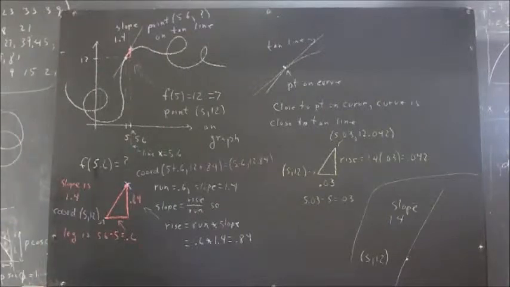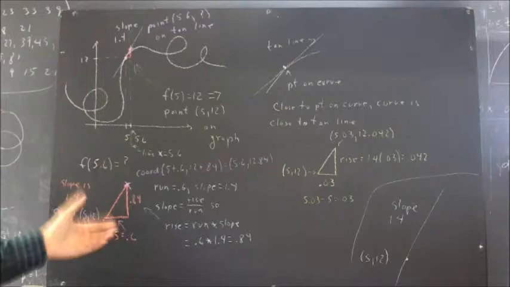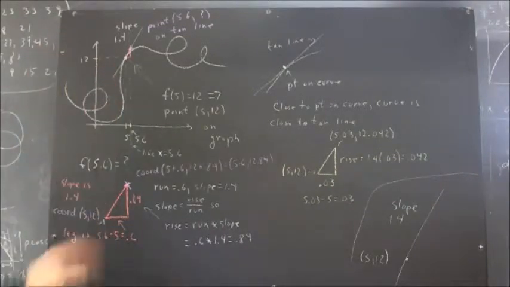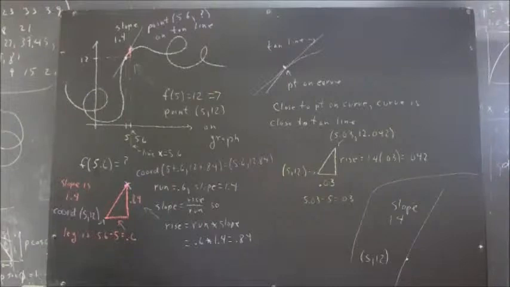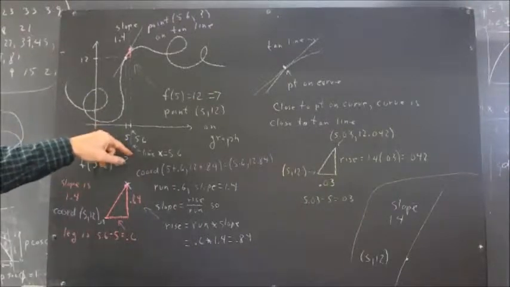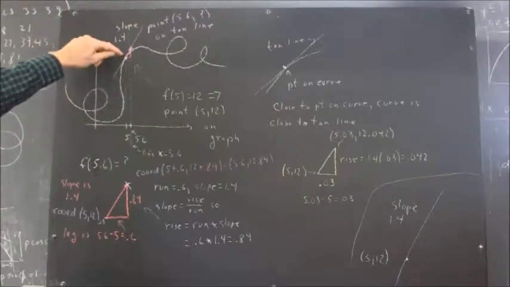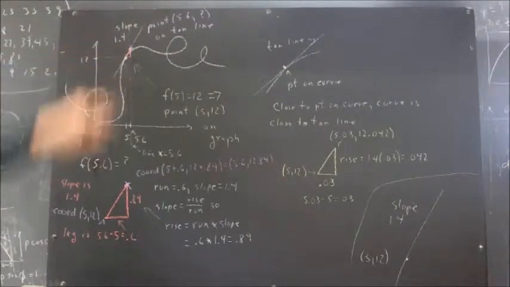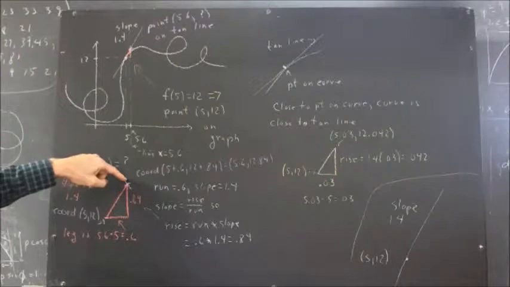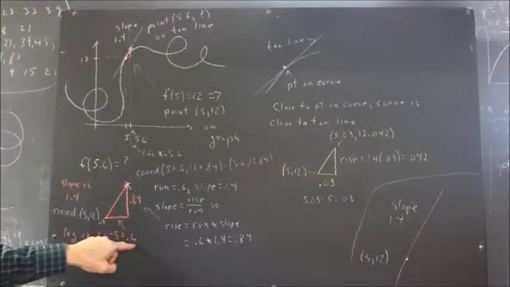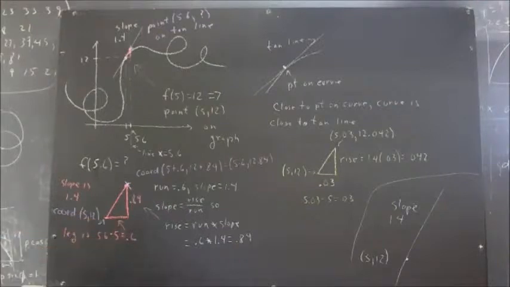What do we know from the given information about this triangle? Well, it lies on the line x equals 5.6, and this one is at 5, 12. Then this point is at 5.6, which means that this leg of the triangle is 0.6.